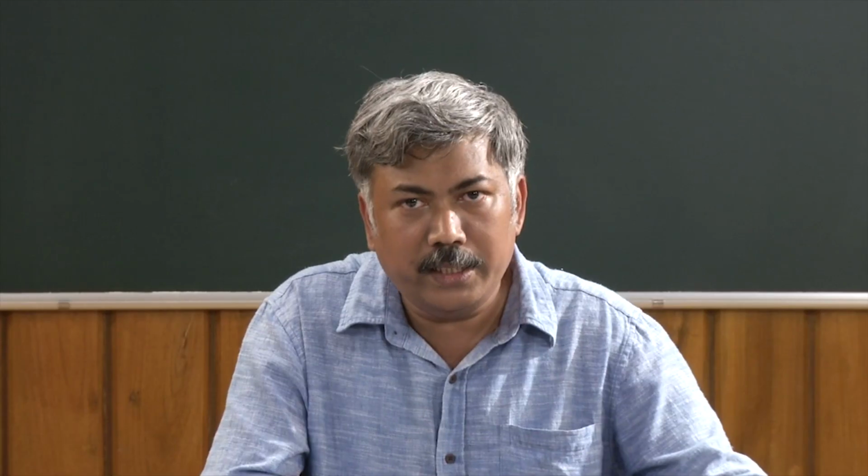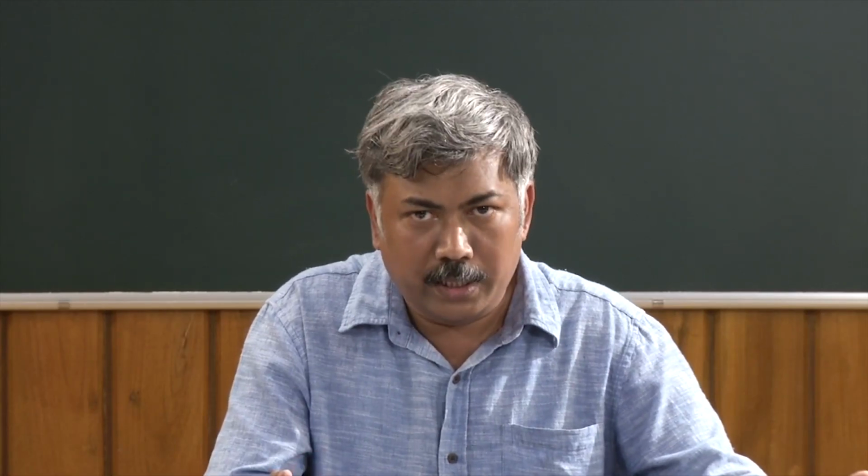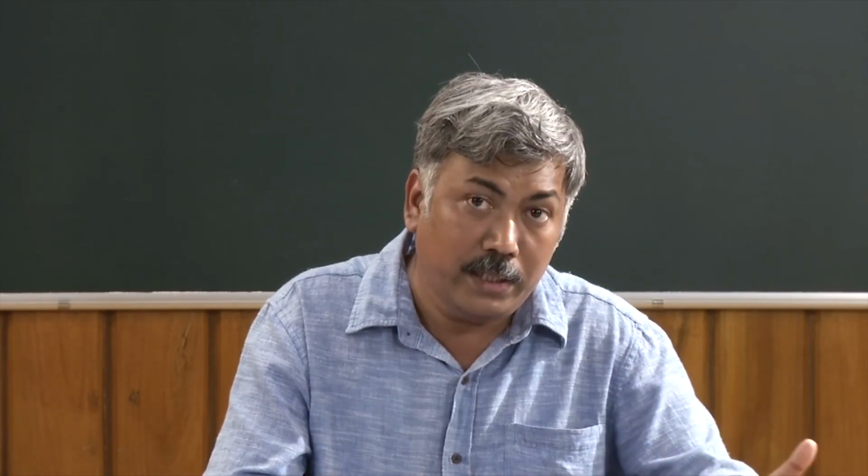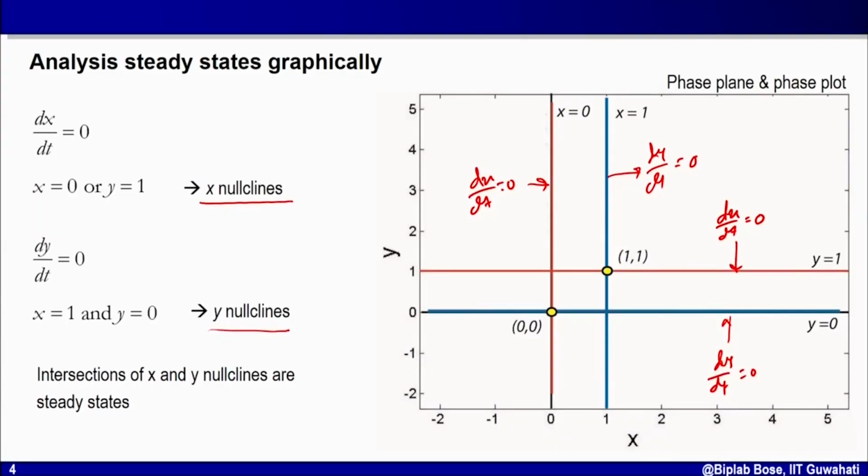Again these are null clines because null means none, and clines means the slope. So obviously it is called y null because the slope of y with respect to time is 0 along these lines. So I have 4 null lines: 2 x null lines shown by red colored lines, 2 y null lines shown by blue colored lines.